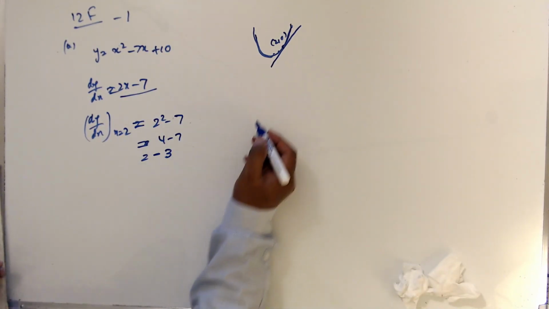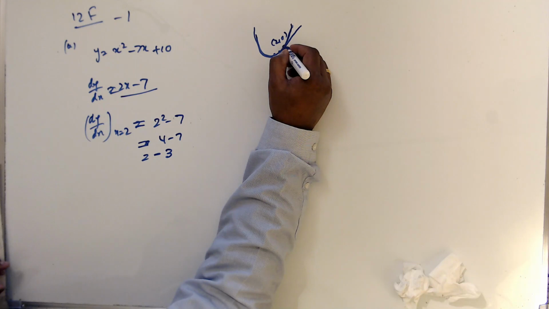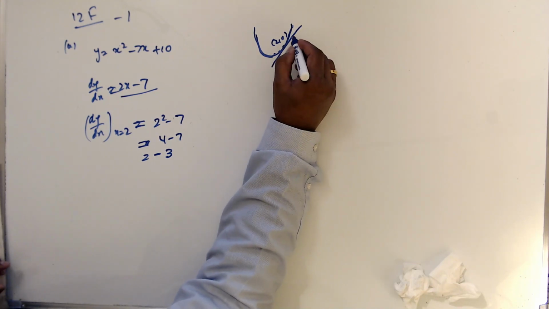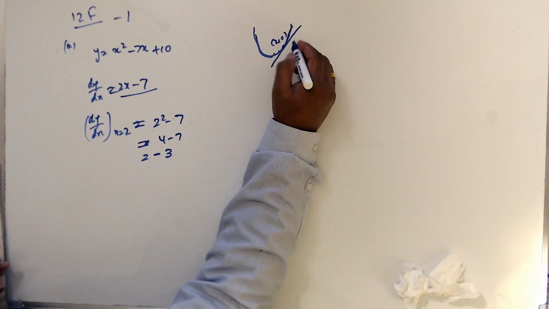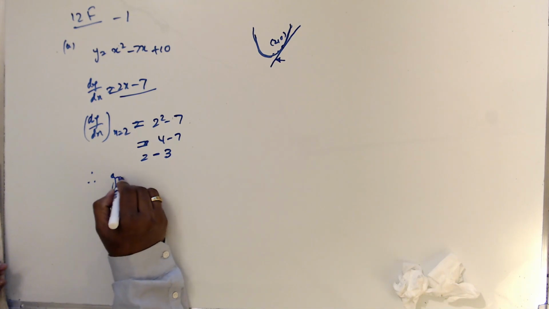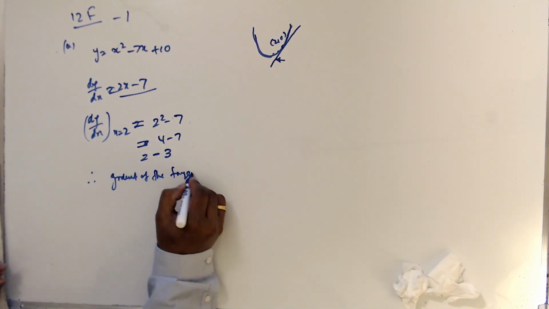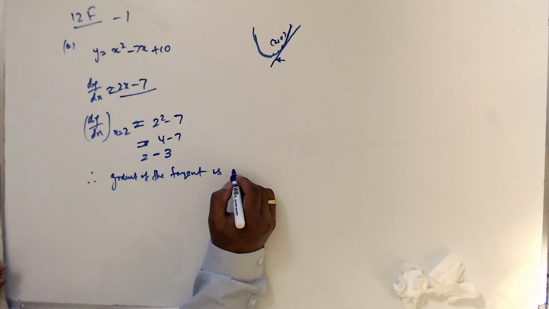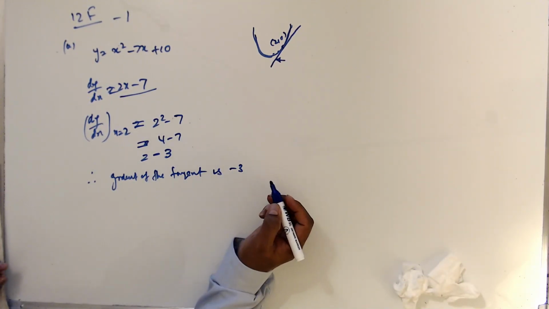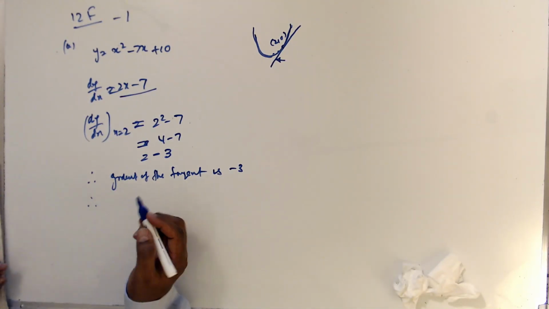Now the gradient of this curve at this point is equal to the gradient of the tangent. Hence the gradient of the tangent is minus 3. Now we can write the equation of the line.